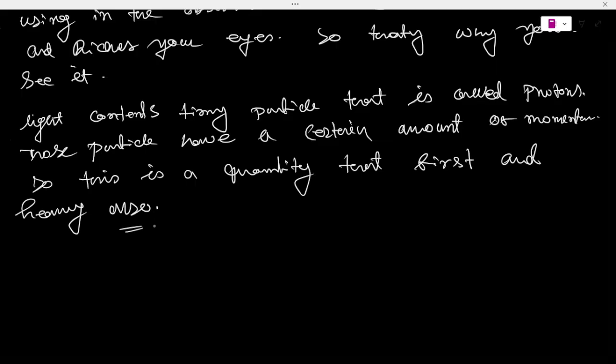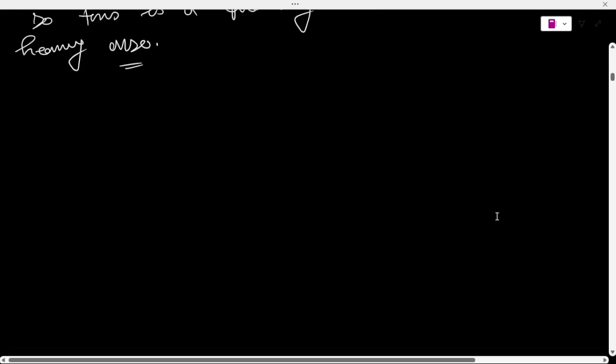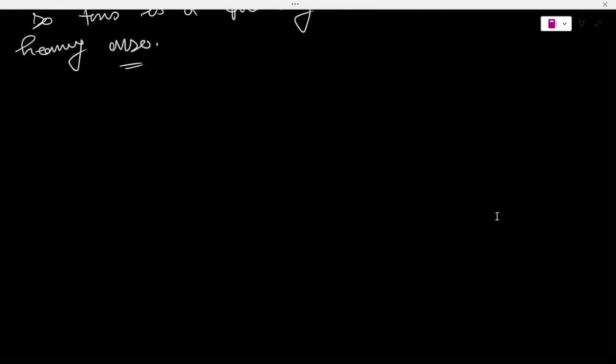So if the light we use in our observation has photons with a lot of momentum, then you can easily see where the electron is.